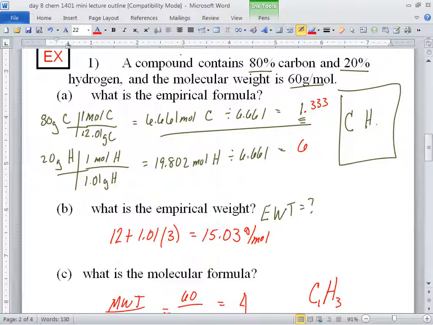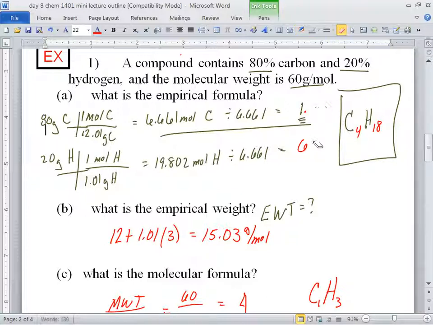Paul, what would you have to multiply by now to get whole numbers? Remember, this is after dividing through by the smallest. What do you multiply by 0.33333 to get a whole number? Essentially, just 3. So now you have to multiply everything by 3. So then you'd have 3.99999, which is about 4 and 18.